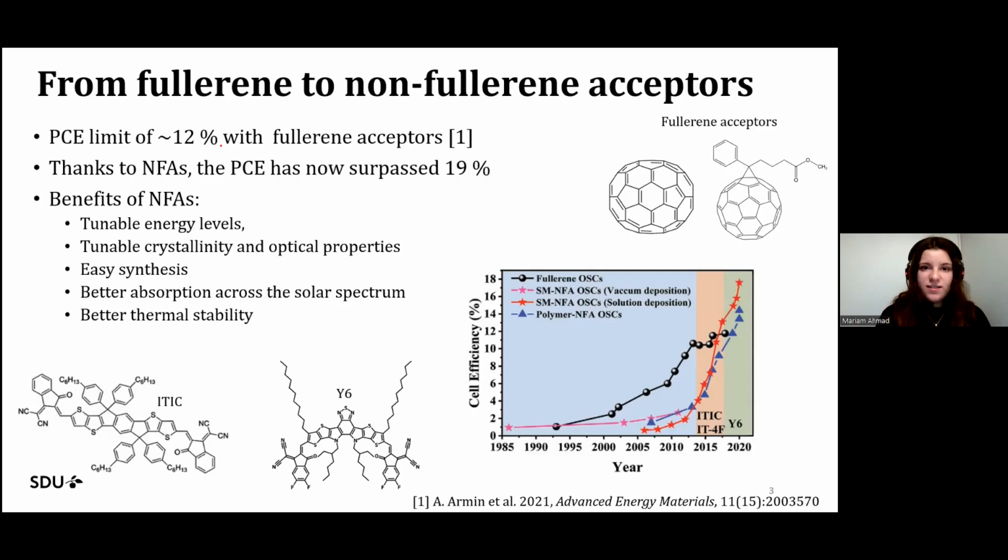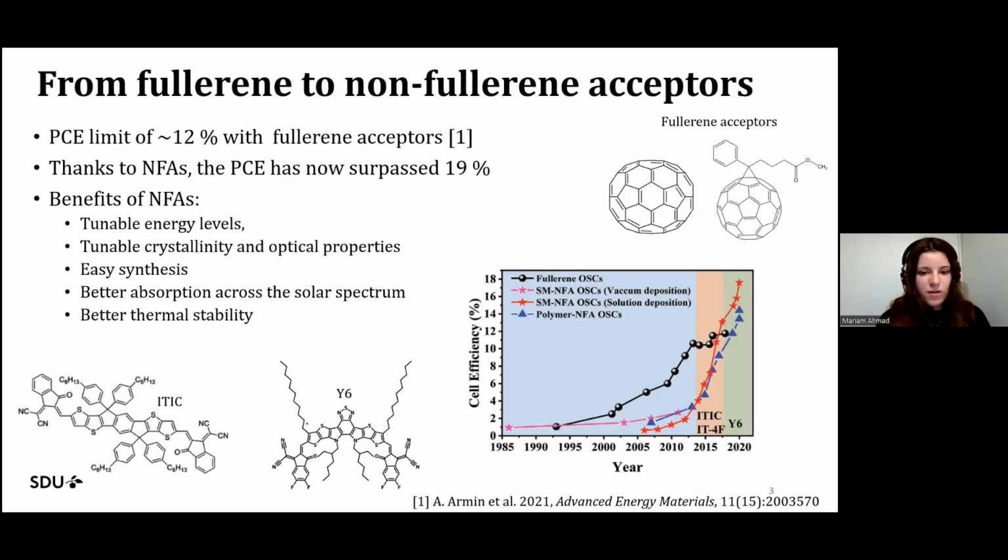So to avoid these issues and to be able to get a higher PCE, this transition from fullerene to non-fullerene acceptors happened around 10, 15 years ago. So non-fullerene acceptors or NFAs, the name indicates that it can be anything that is not fullerene. But usually when we talk about NFAs, we talk about these fused ring organic molecules with an electron deficient core.